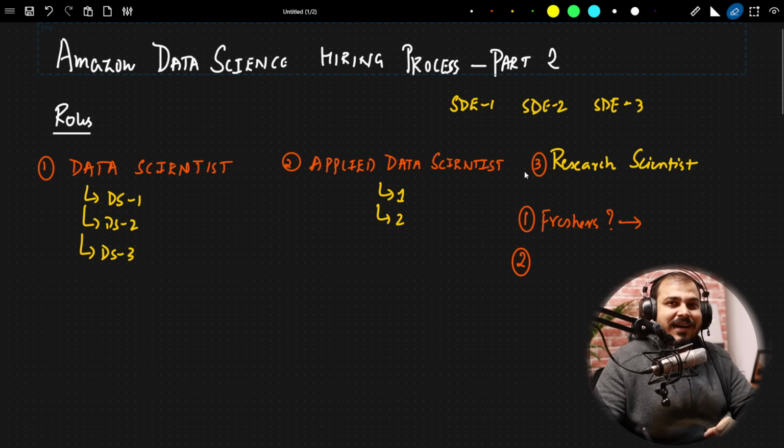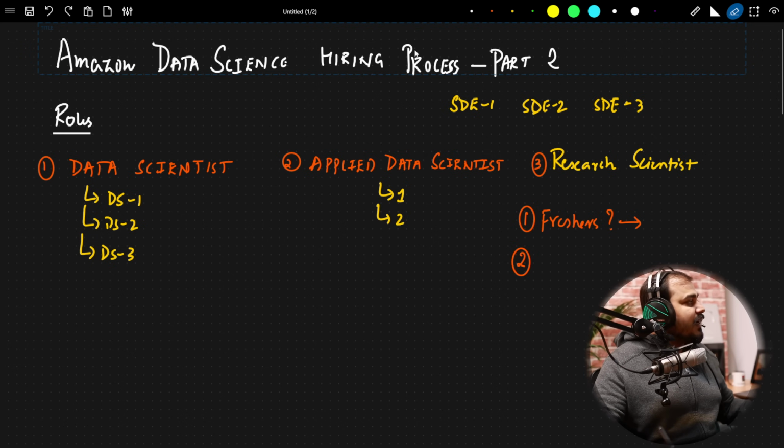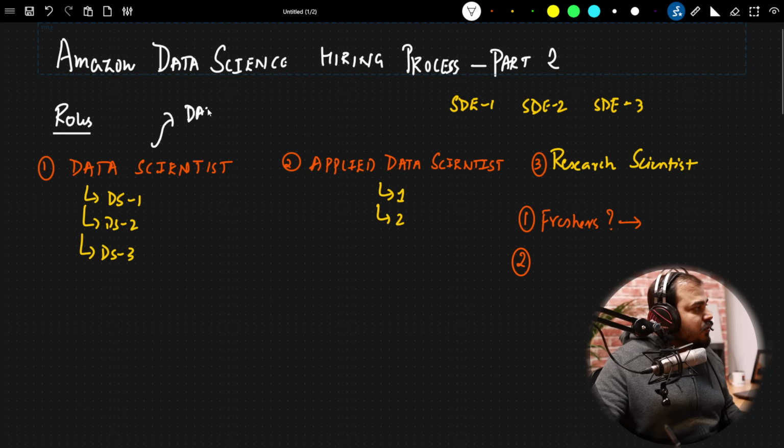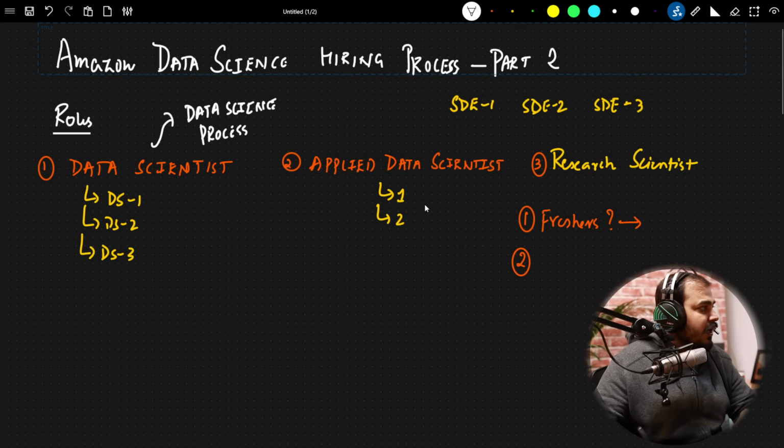Now, all these roles are super cool. If I talk about the data scientist role, over here you specifically work on things that are related to the data science process. Okay. If I talk about applied scientists, what do they do?